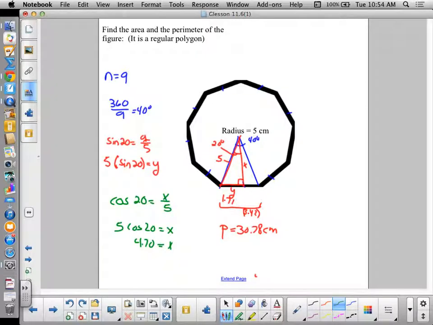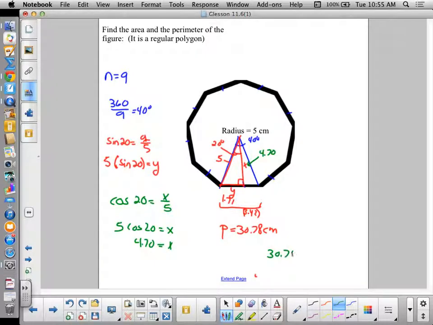So now I know this is 4.70. Now again, I could build my area using either formula. I could do triangles, and I could either do the isosceles or the right triangle. I've got to keep track of which one I'm doing, but however you want to puzzle solve this. Or I could use perimeter times apothem divided by 2, which is probably the easiest one here.